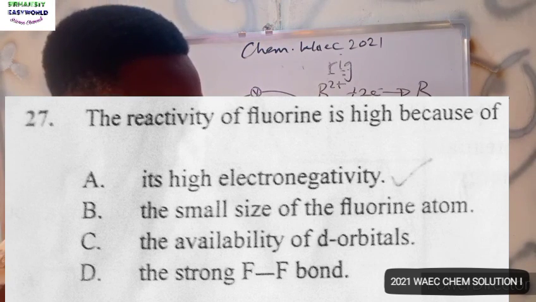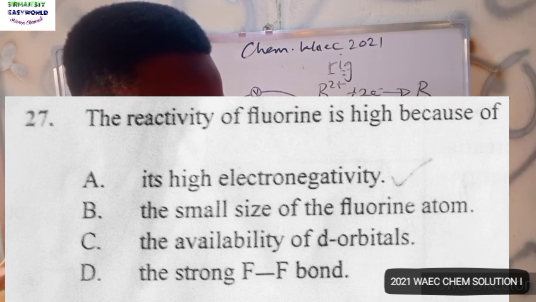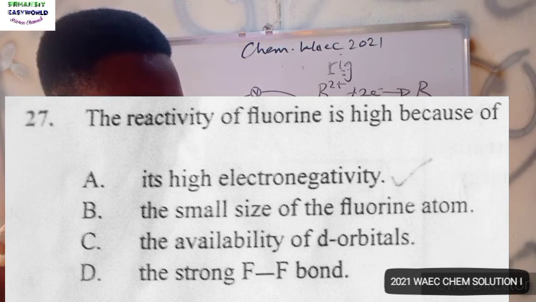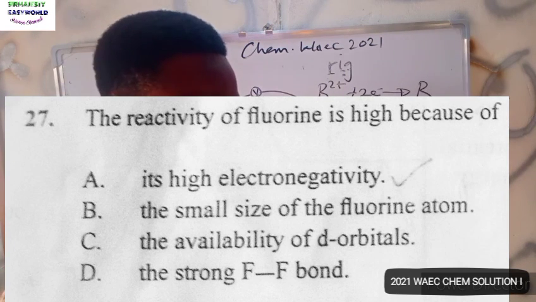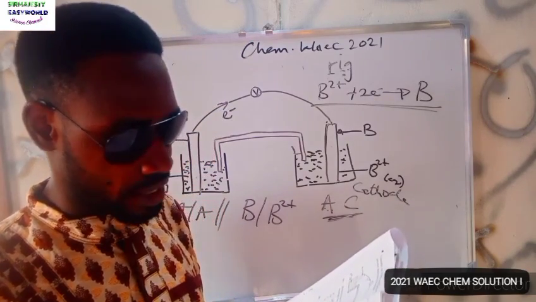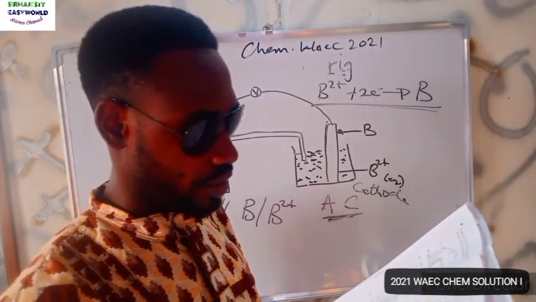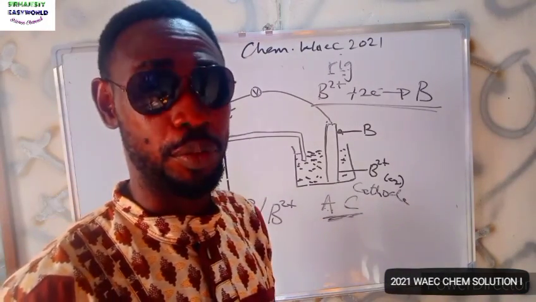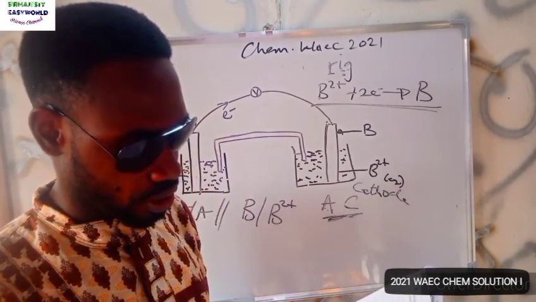So you calm down. B says the small size of the fluorine atom. No, small size is not the reason. If small size is the reason why it's very reactive, you know that helium, which is the smallest atom, would have been the most reactive. So B is not correct.